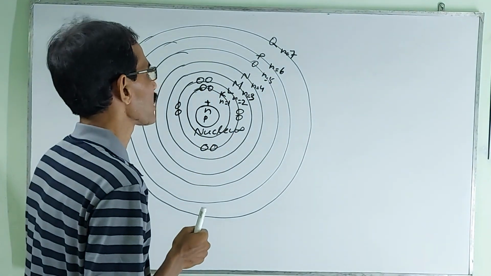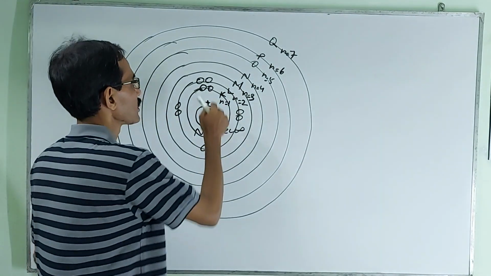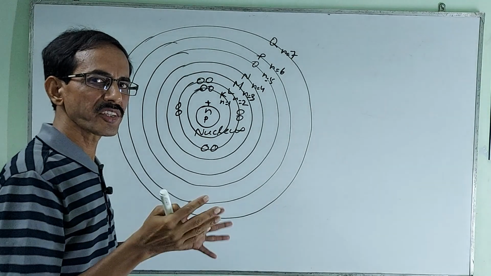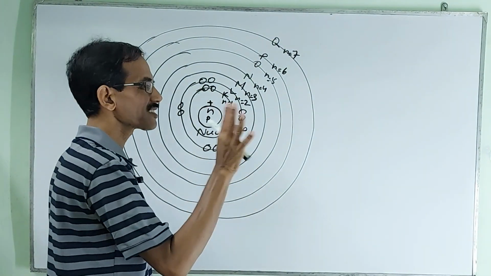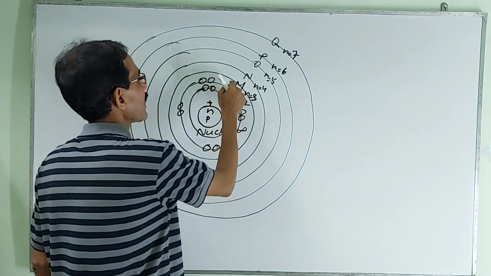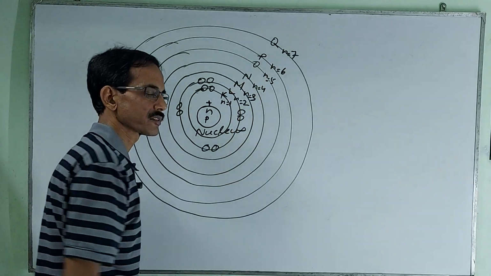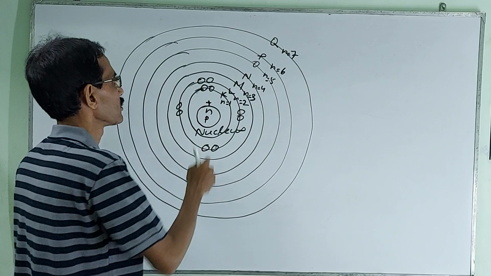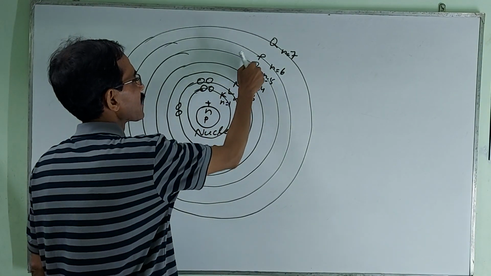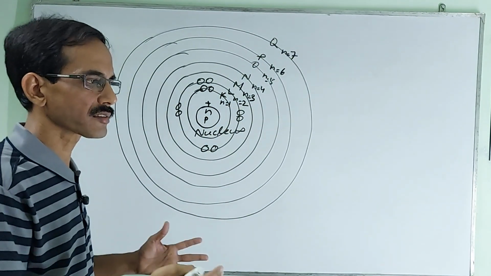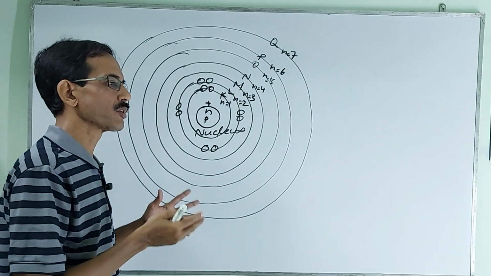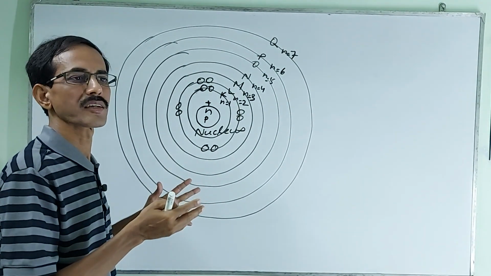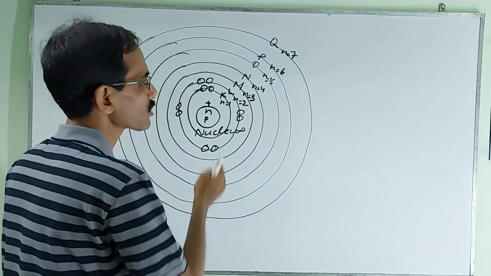Fifth period elements have five shells, KLMNO. Sixth period elements have six shells, KLMNOP. Seventh period elements have seven shells, that is KLMNOPQ. So that's why the maximum number of shells present in an atom is equal to 7 shells.